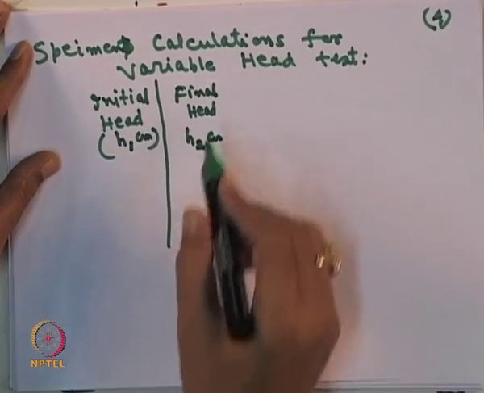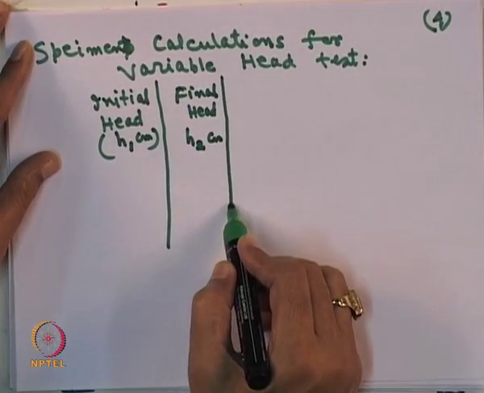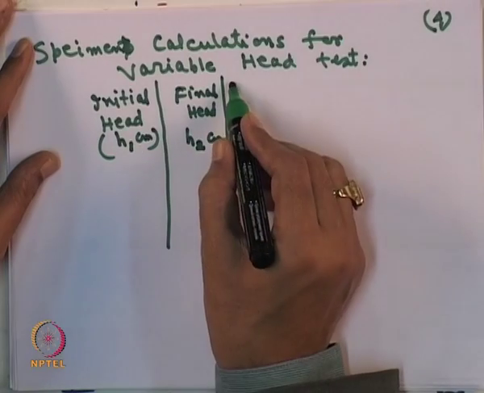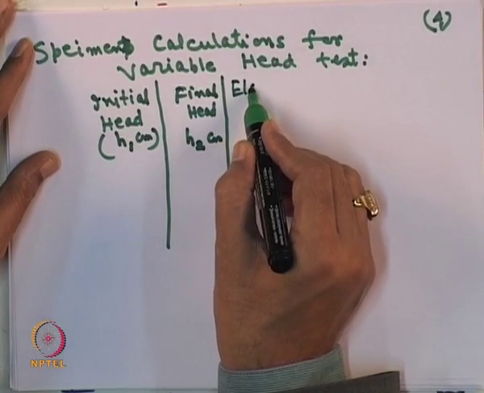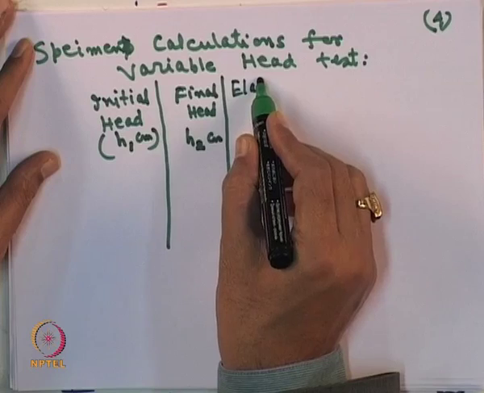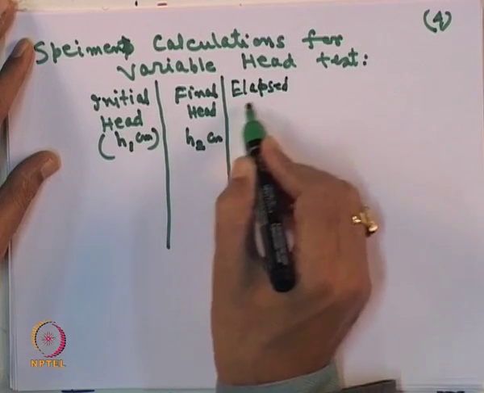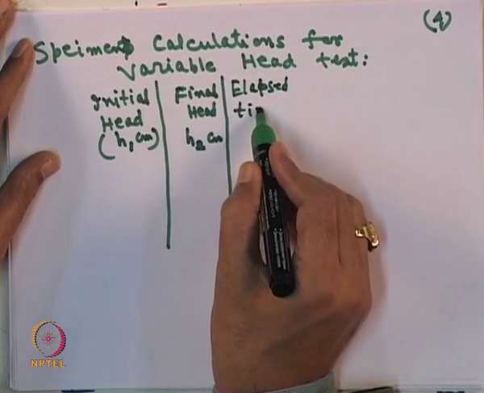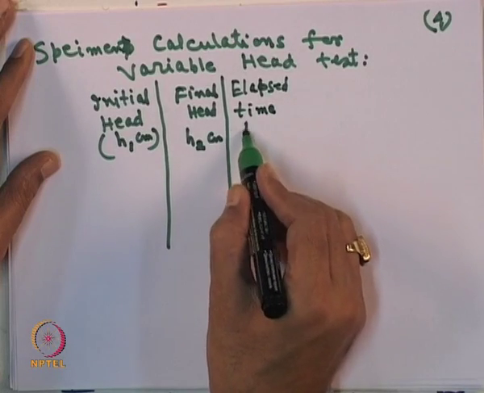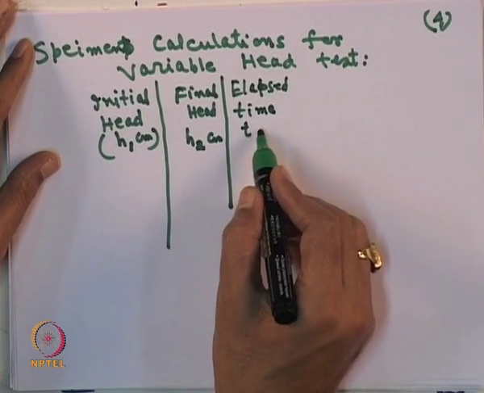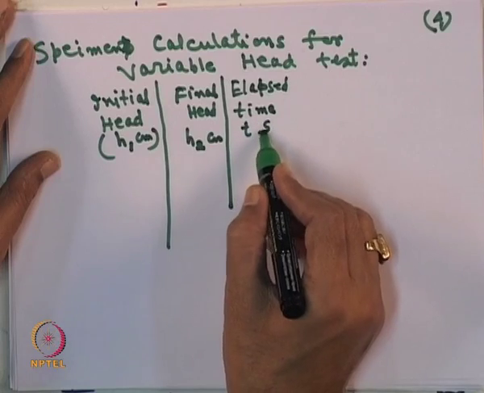So, you know the initial head, you know the final head, then you know the elapsed time, that is let us say t in seconds.